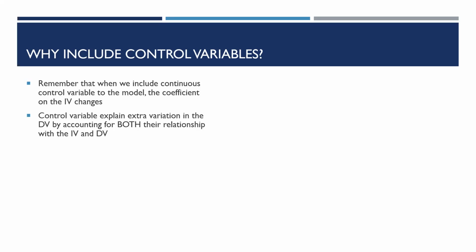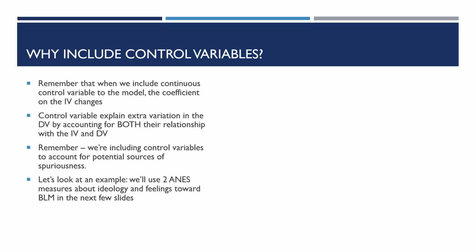The reason for this is that control variables are helping us explain some of that unexplained variance that we observe when we're just estimating the single slope of a single line, right? So they explain extra variation in both the independent and the dependent variable. The reason we do this is because we're attempting to control for additional sources of spuriousness, something, again, we can't do if we're just doing a correlation.